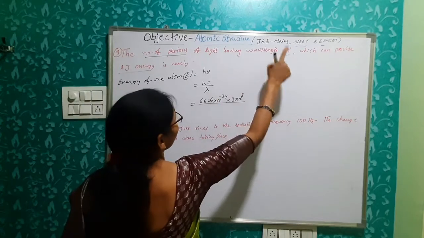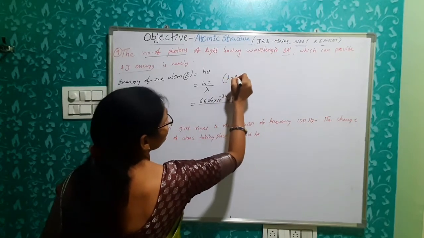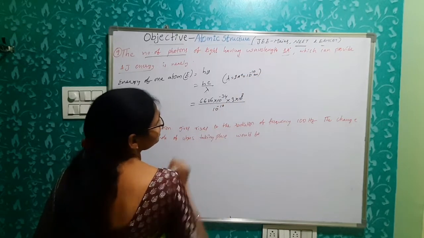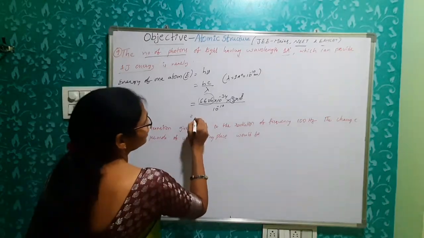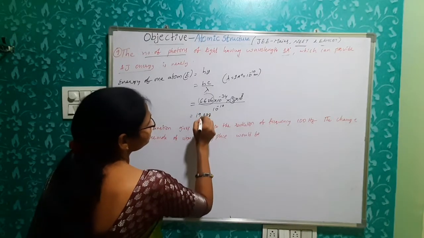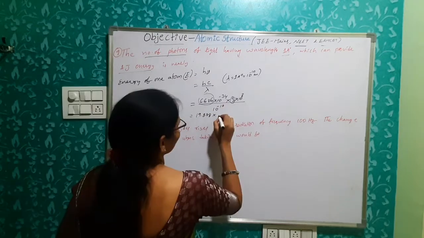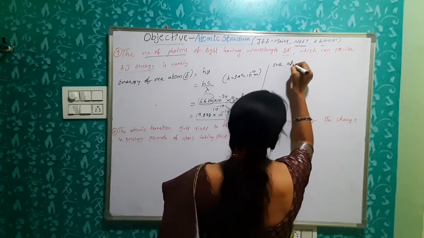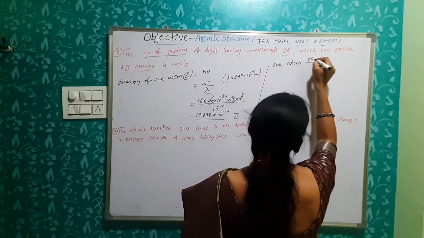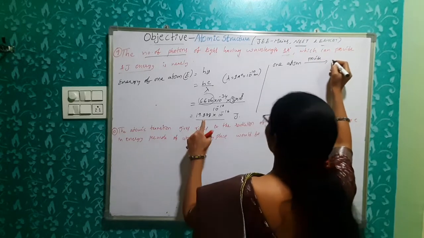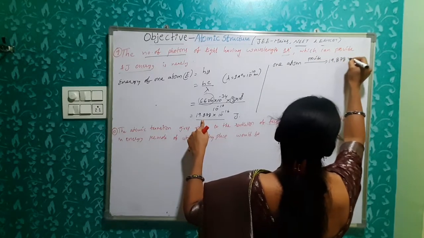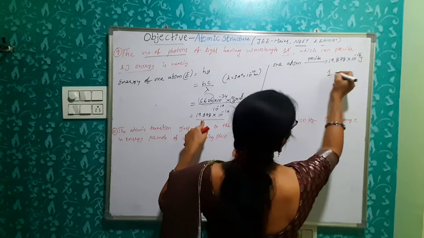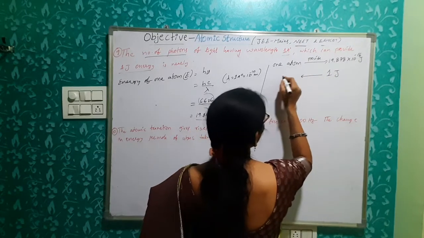Lambda is given as 1 angstrom, which is 10 power minus 10 meters. So E is 19.878 into 10 power minus 16. One photon provides 19.878 into 10 power minus 16 joules of energy. 1 joule of energy is provided by how many photons?